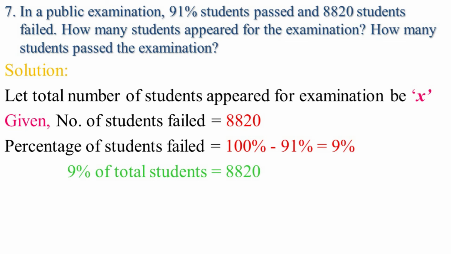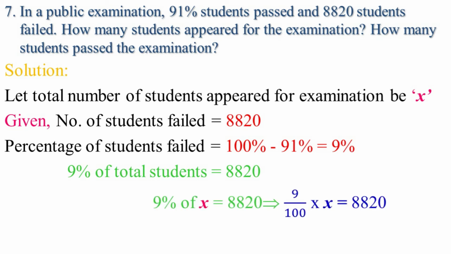Here we don't know the total students. In that place we use x. So the sum becomes 9% of x is equal to 8,820, which can be written as 9 by 100 into x is equal to 8,820. In this case, to find the value of x, the number which is nearer to x is transposed to the opposite side.